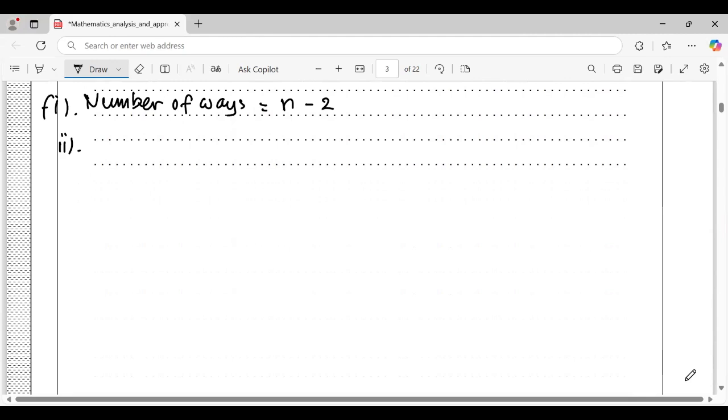So the probability of exactly 3 consecutive success trials, it occurs given by the probability of 3 consecutive success.